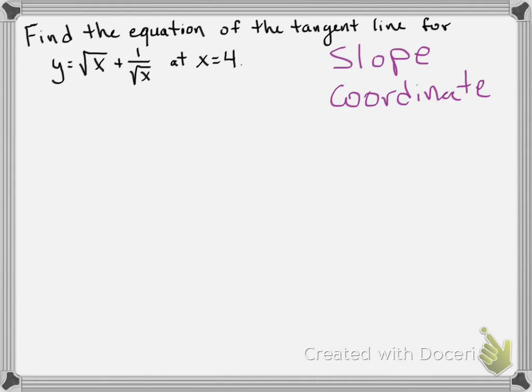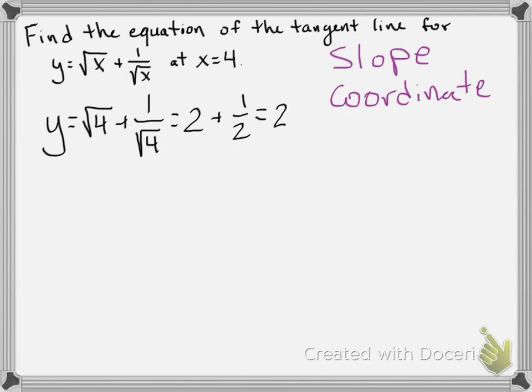So, y is going to end up equaling the square root of 4 plus 1 divided by the square root of 4. The square root of 4 is 2, so this becomes 2 plus 1 over 2, which is 2.5. I'll write that with a decimal because it ends at 2.5. So we at least have our coordinate. Our coordinate is (4, 2.5).